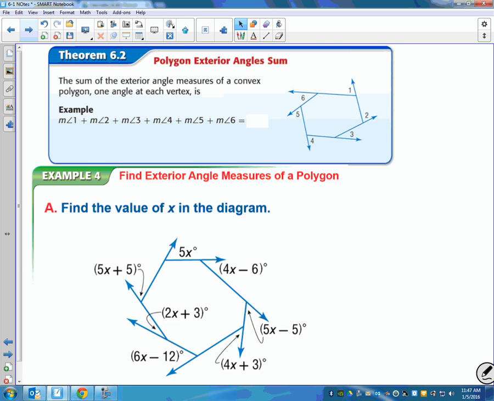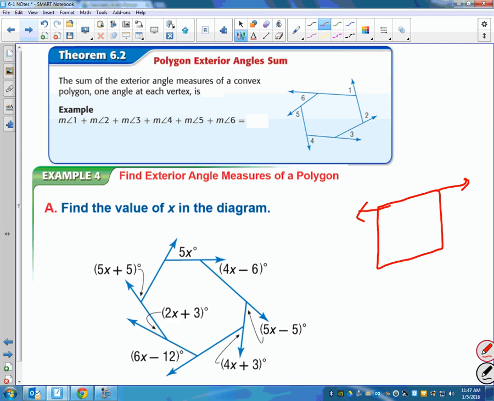If I just drew a rectangle here, where's the exterior angle? You can extend it either way. This could be an angle, this could be an angle, this could be an angle. It could be 1, 2, 3, 4. A rectangle's easy. We know a rectangle has 4 right angles, so what would all these exterior angles be?